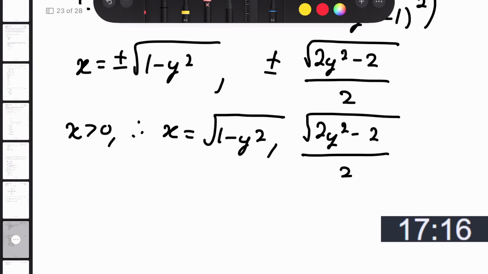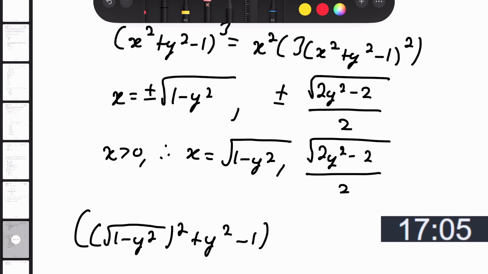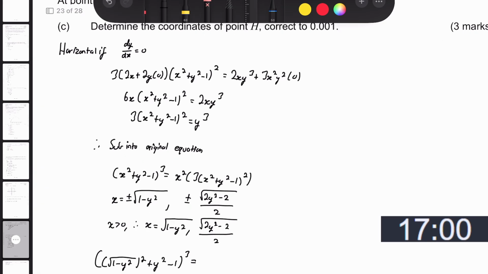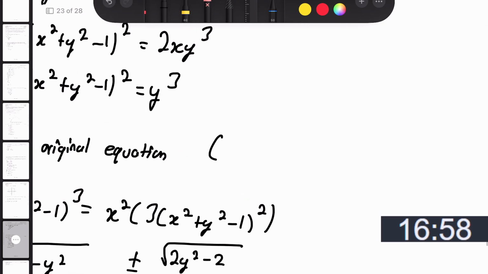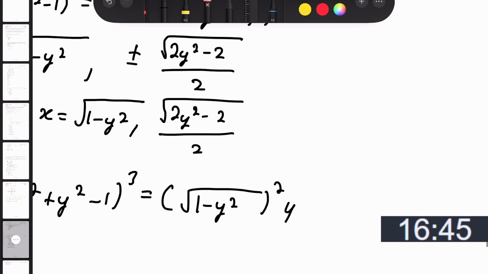Not sure what we can do to differentiate between them, but let's say that, so we have square root of 1 minus y squared, squared, plus y squared minus 1 to the power of 3 is going to be equal to, let's put this here, x squared y to 3 is going to equal square root 1 minus y squared, squared, y3.